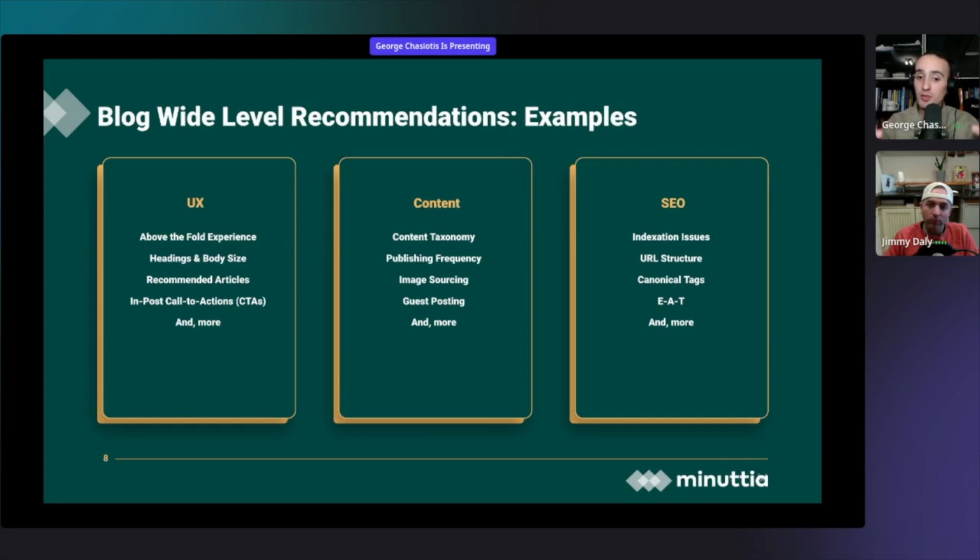Most of the things that I mentioned, some of them can be actionable. I would like you to do something about this right away. For example, your above the fold experience is not optimal. Let's do something about it based on that beautiful mock-up that we have designed right now. Some others, though, may be on a very high level. Once again, things that we can improve in the way we approach content.